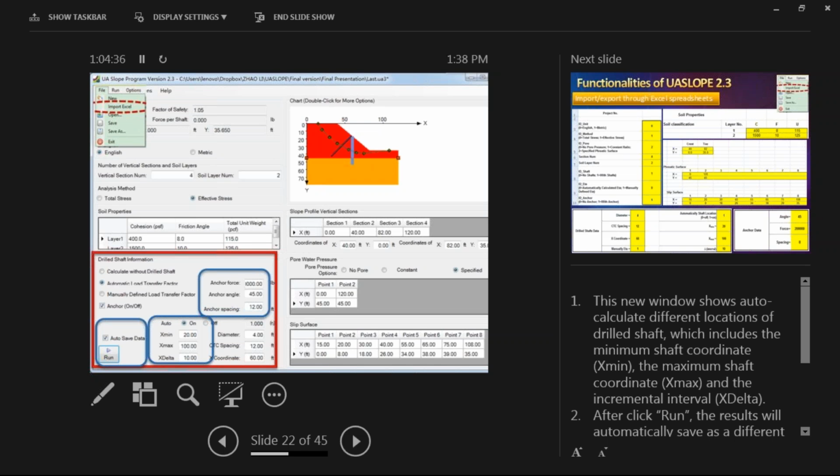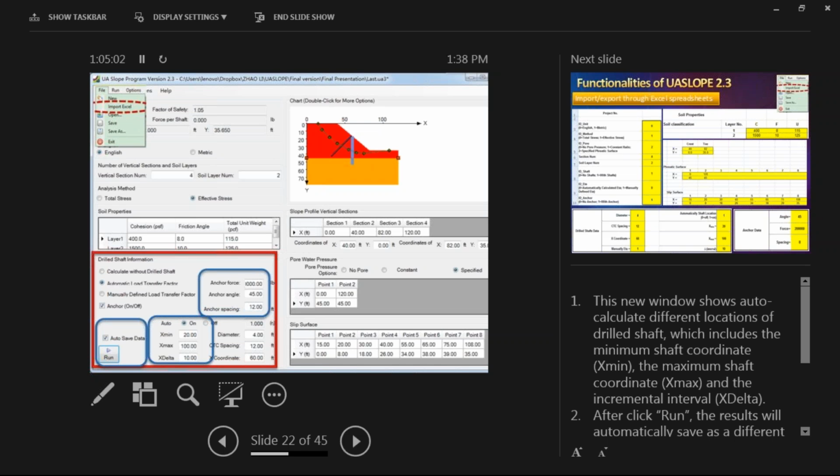So you say, this vertical section, I define this point, this point, this point. It defines the beginning point of the soil layer, and come to here, you can define this point, this point, this point, and so on and so forth. So soil layer geometry would be defined very easily through this interface as well. And also we have to input the crest location and toe location, so that's provided here.